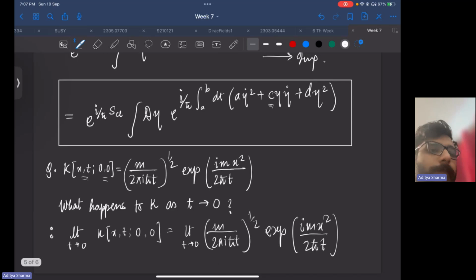Well, because I didn't phrase my question properly, it seems. So my question should have been more precise. What I've done is I've taken the kernel and not put t tending to zero, right?